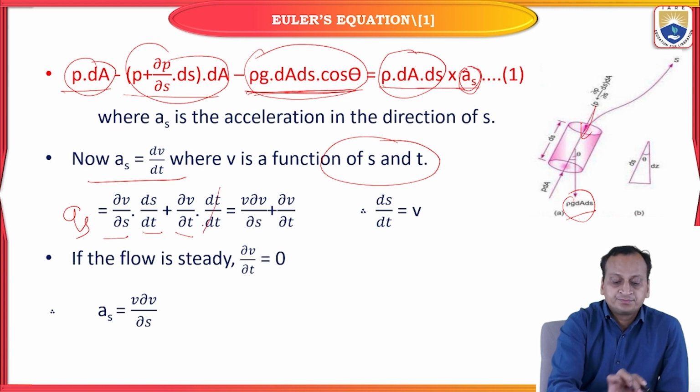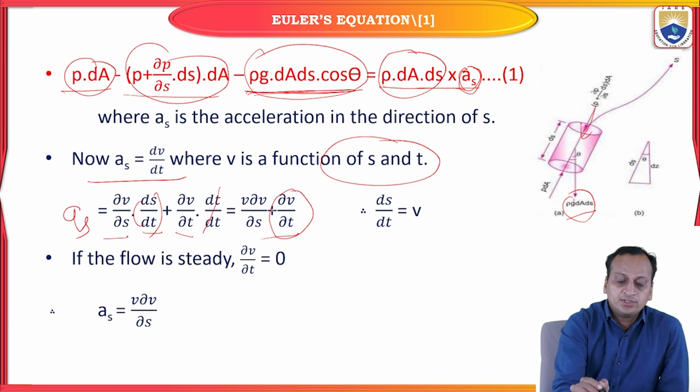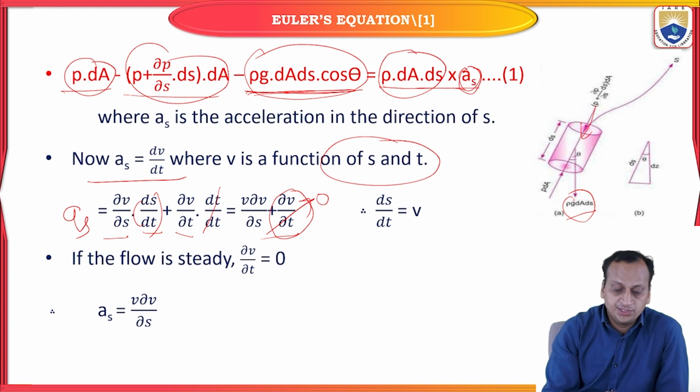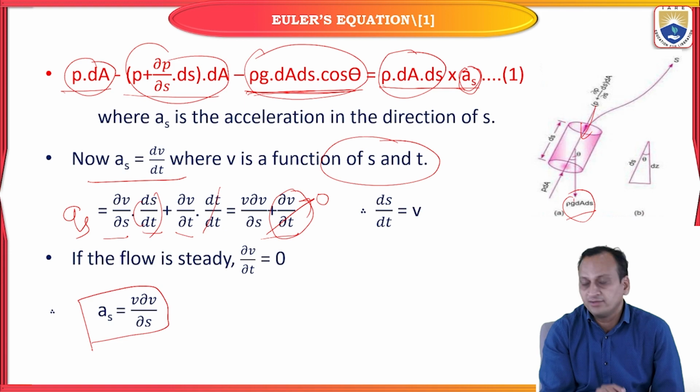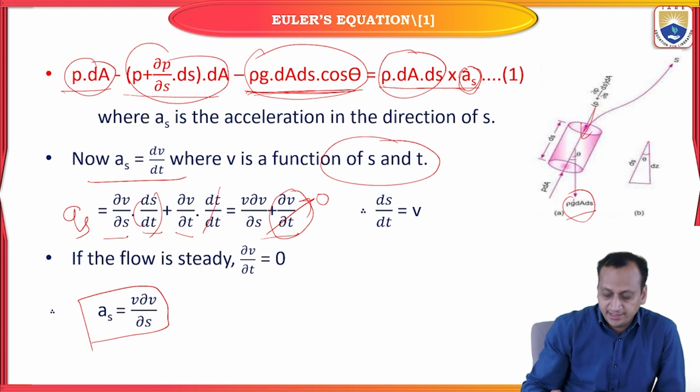So ds by dt is the velocity v, giving v dou v by dou s plus dou v by dou t. This dou v by dou t becomes zero, as for steady flow it is zero. So v into dou v by dou s is the expression for the acceleration of a fluid particle along s.